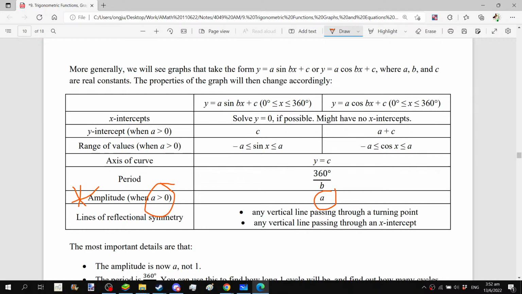Now, aside from that, there is also the matter of the period. This one is what people tend to forget, which is that the period will actually be 360 divided by b. This 360 here is essentially the original value of the period, and then we'll divide it by the coefficient of the algebra.